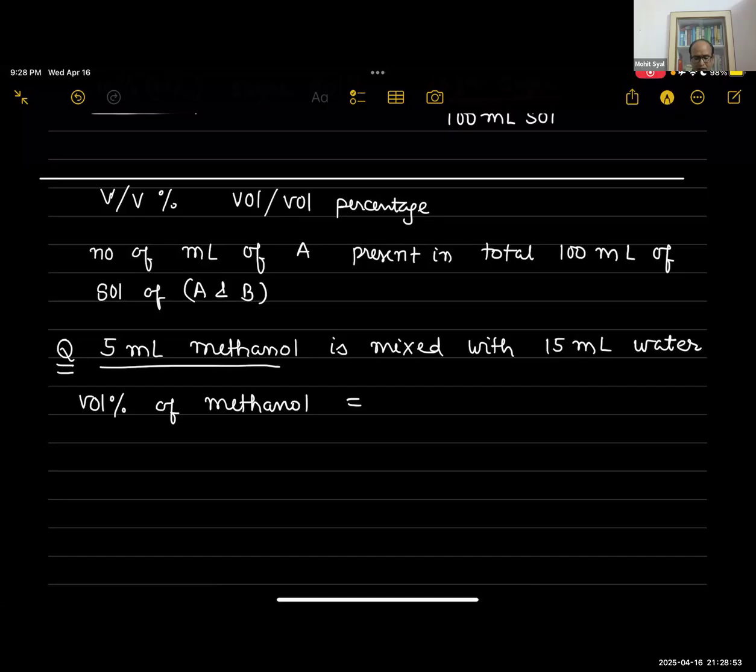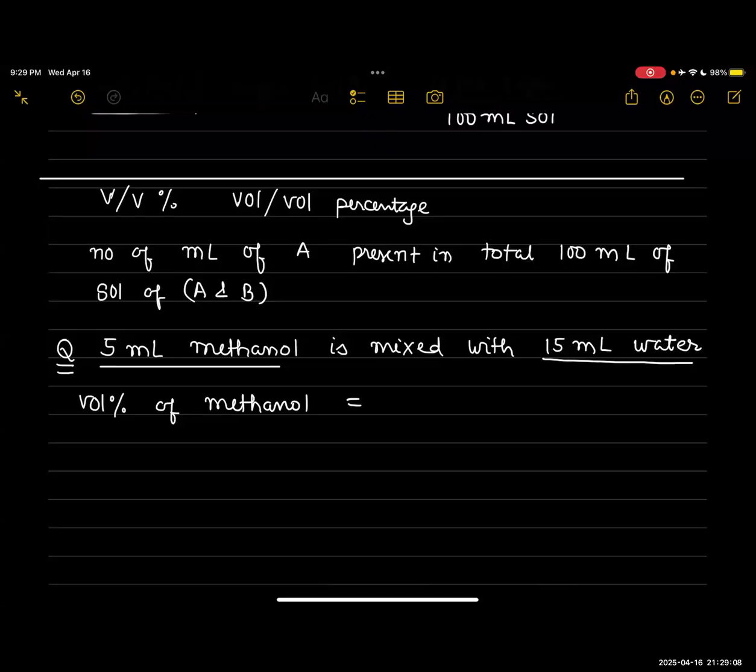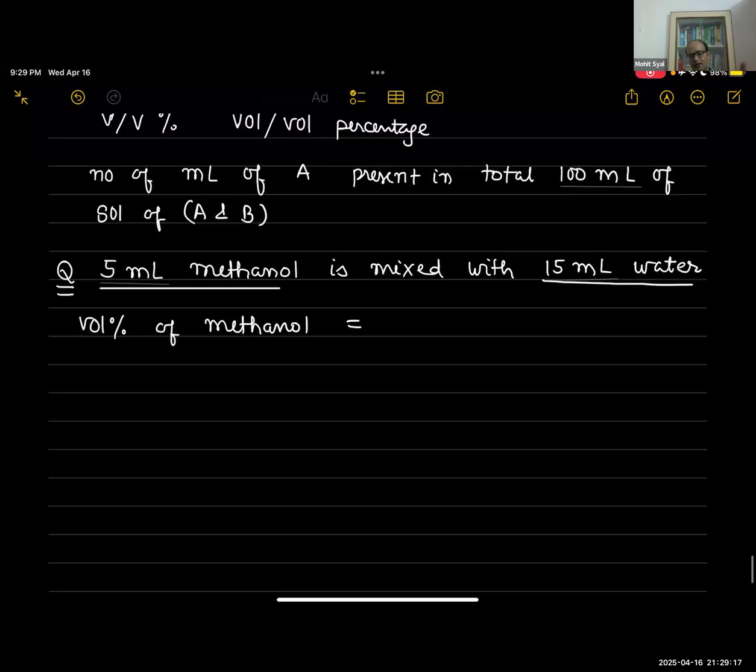Got it? Yes. Okay. So just apply the formula and tell me how much we are going to get, right? So volume of methanol divided by total volume, and we assume that the total volume is additive. It has not changed much.